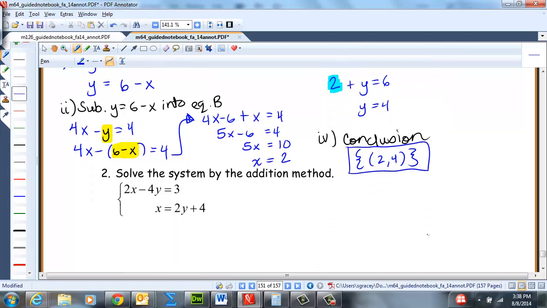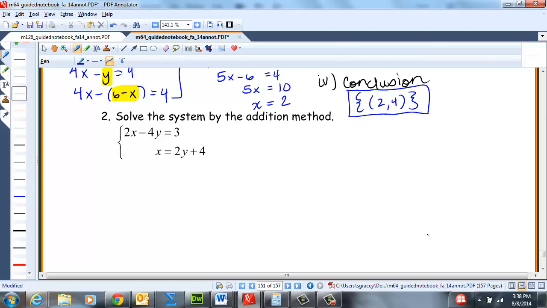Okay, so here we go. Again, if you name this equation A and equation B, the first step, if we're solving by the addition method, which is sometimes called the elimination method, is to write that line in general form.